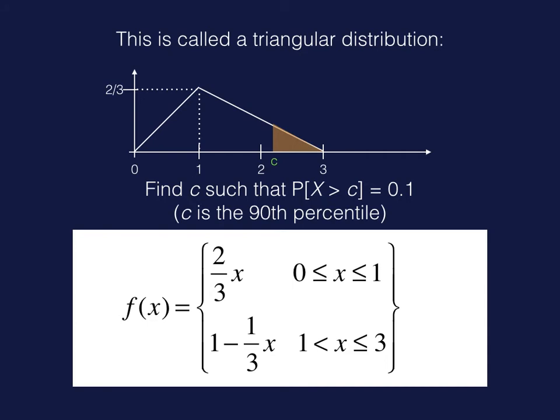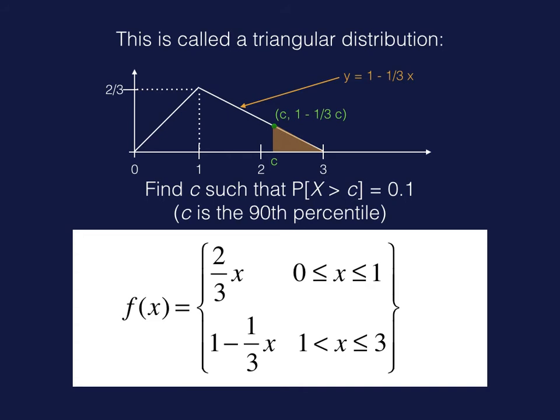Okay, so clearly c is over to the right. And so I'm going to focus entirely on just the right line, the 1 minus 1/3 x. Okay, so I'm going to do this two ways. So looking at the point c, the point above c is 1 minus 1/3 c, plugging c into the line equation.